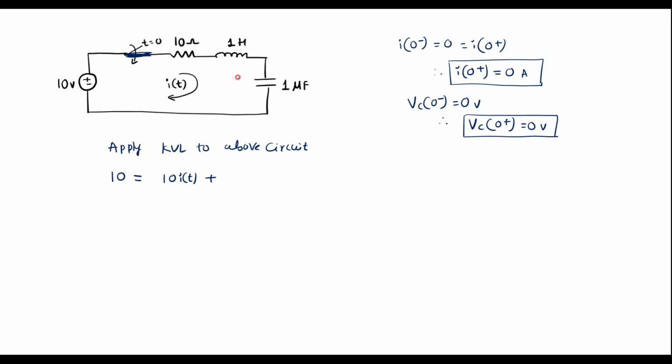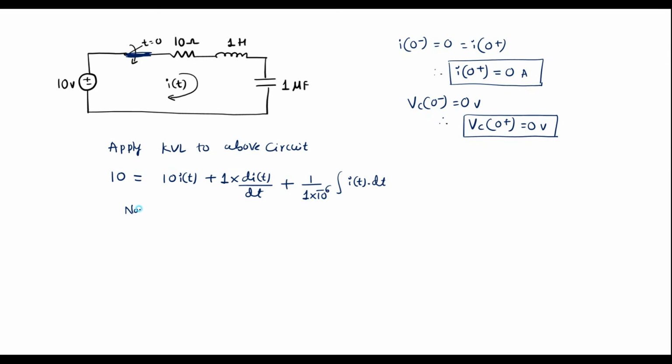Here the L value is 1, so 1 into di of t by dt, plus the voltage across the capacitor, which is 1 over C integration of i of t. C value is 1 micro, that is 10 power minus 6, so 1 over C integration of i of t dt.